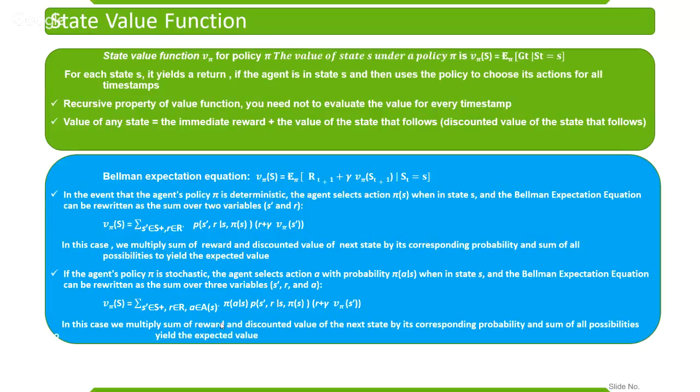So this value function will be the expected value. It's always dependent on the policy being taken. So the value of state S under a policy is always influenced by policy. That is a very essential point that we have to remember here.